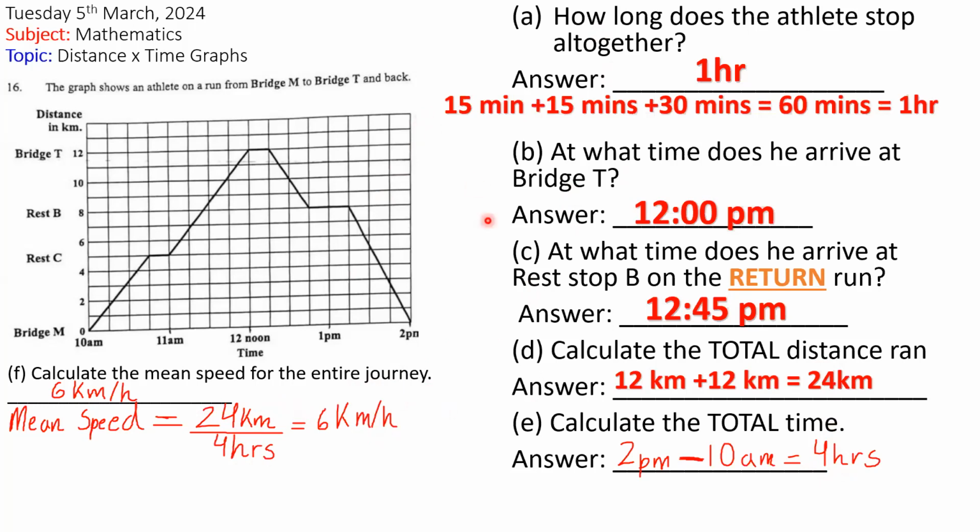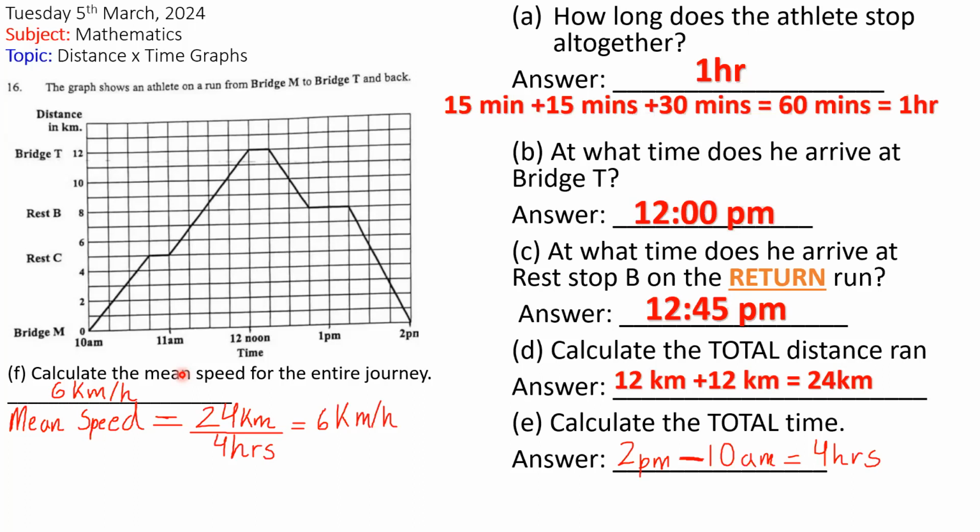All right. I need you to explain A through F. Yes, sir. A says, how long does the athlete stop altogether? Which is 1 hour. So we know that each time the athlete stops, that's 15 minutes.